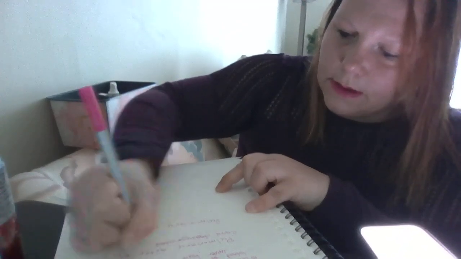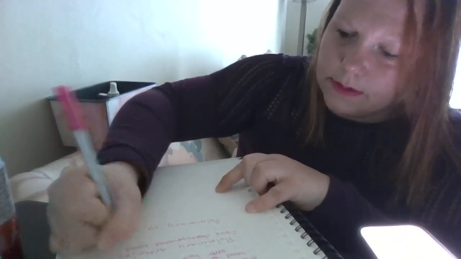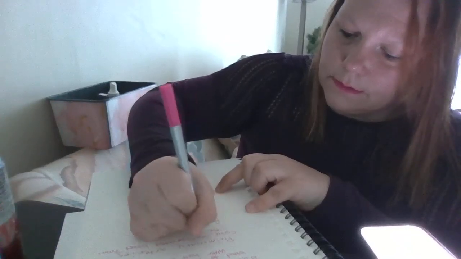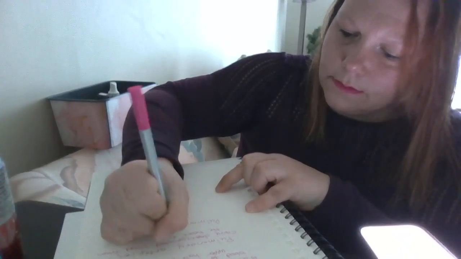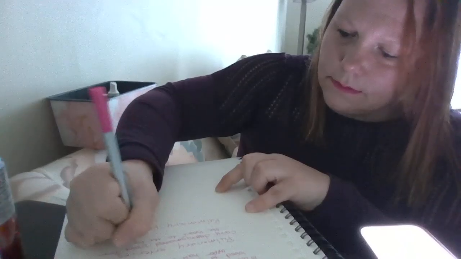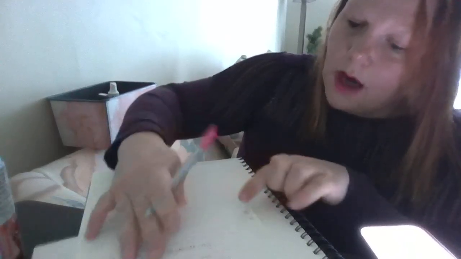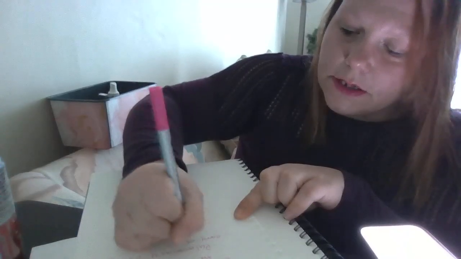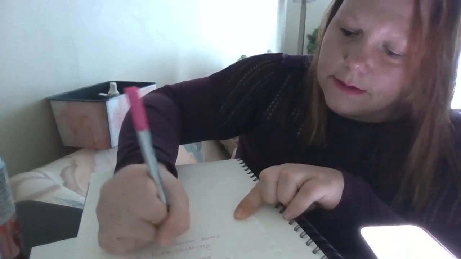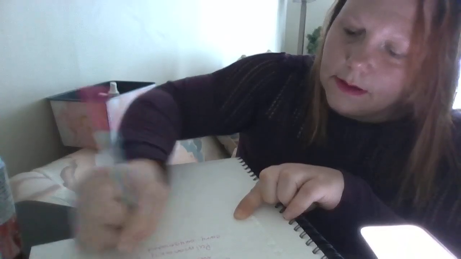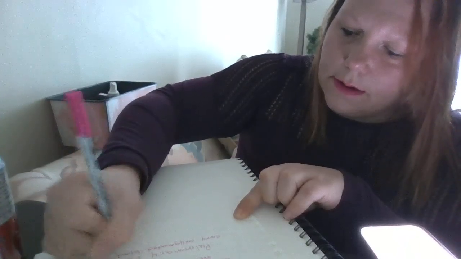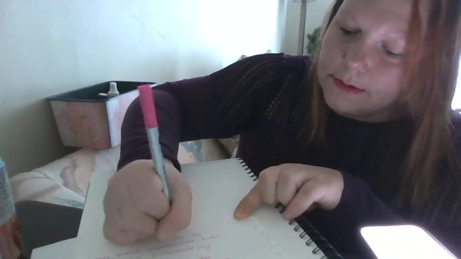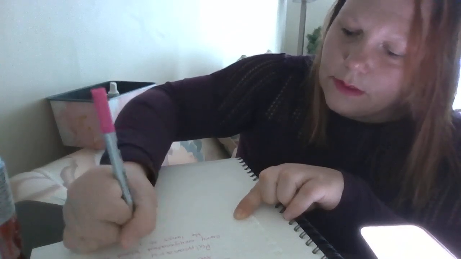Deoxygenated blood from the heart, and pulmonary veins carry oxygenated blood from the lungs to the heart.